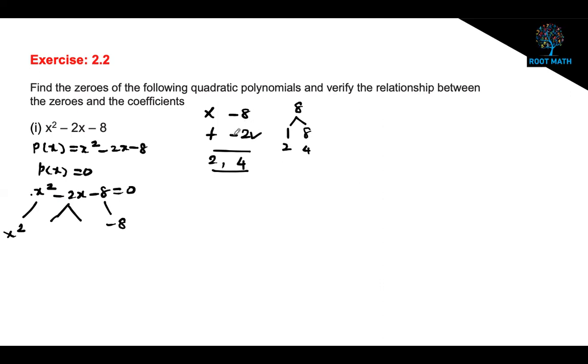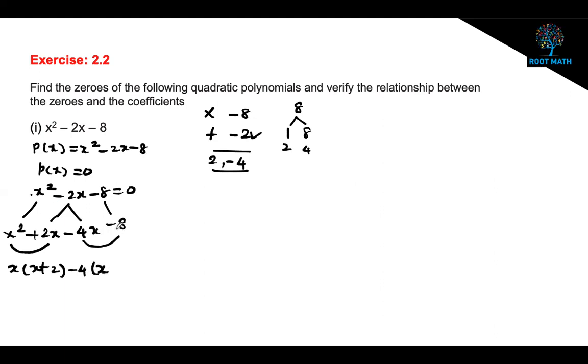Since the sum number is negative, put the negative sign on the bigger number among these two numbers. So write plus 2x here and minus 4x here. Now take the common factor of the first two terms as x, and x plus 2 is inside the bracket. And take the negative 4 from the second two terms.